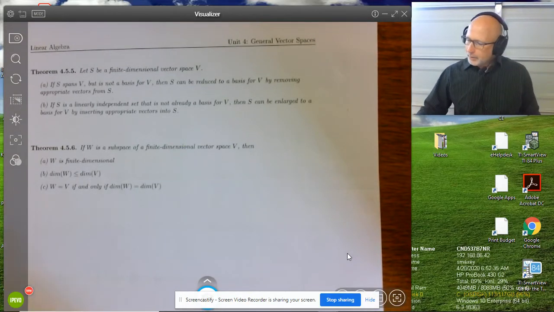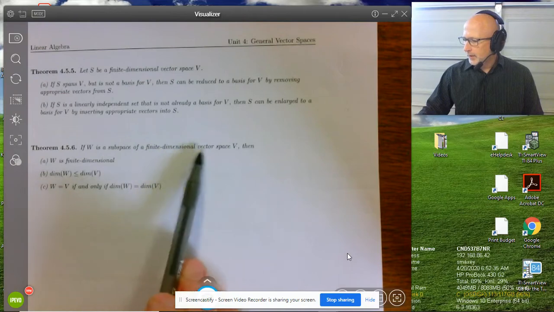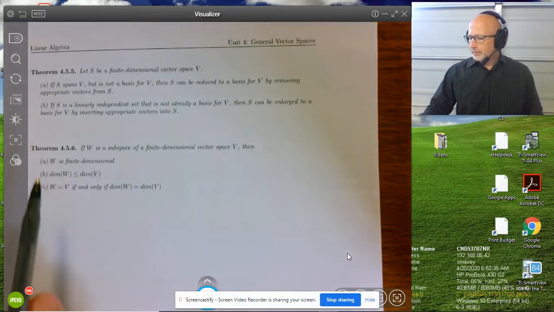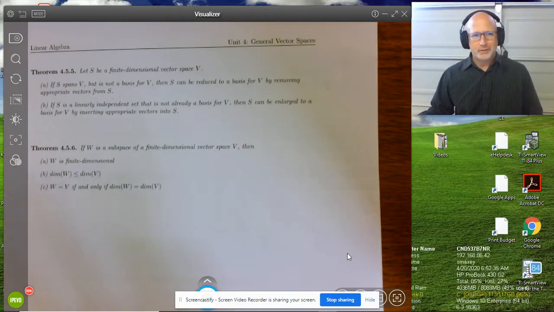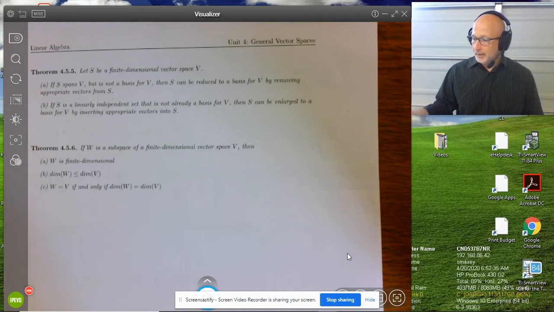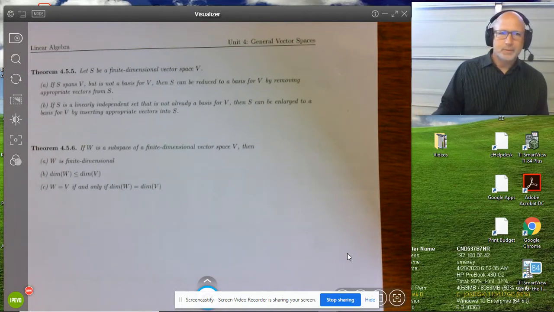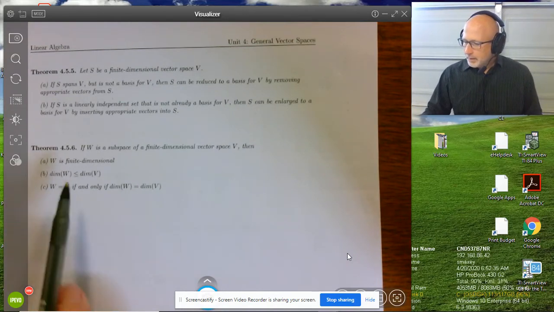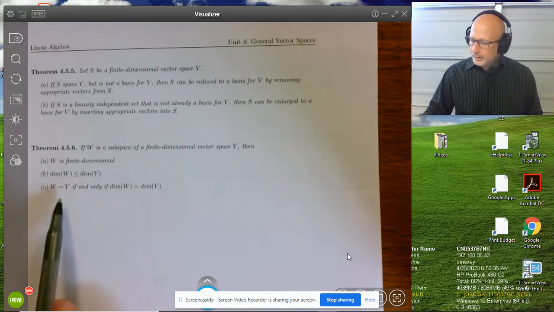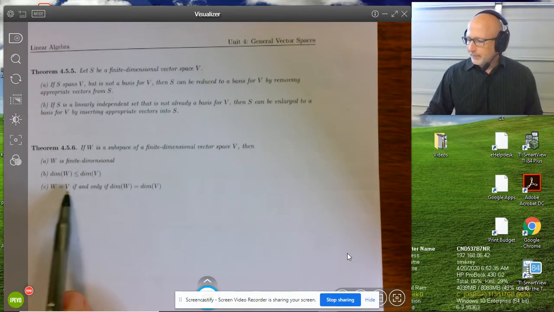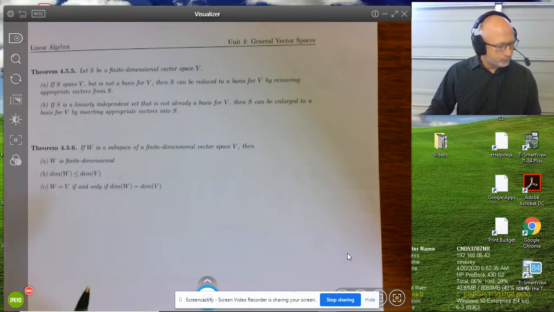If W is a subspace of a finite dimensional vector space V, then W is finite dimensional. That should seem pretty obvious, right? The dimension of W is less than or equal to the dimension of V. And then C, W is equal to V if and only if the dimensions are equal to each other.